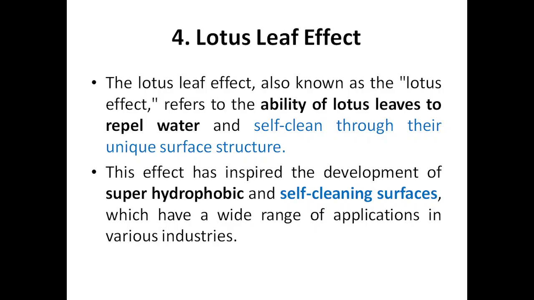For example, painting apartments, housings or buildings, especially in the coastal belt, for example Goa, Mangalore, wherever we have a coastal belt. Because the sea is present, there will be humidity.